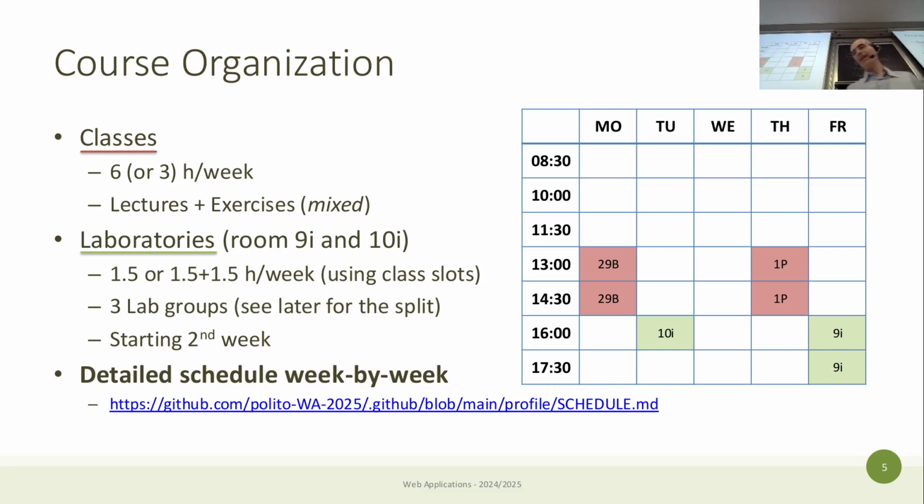These are decided centrally by the university, and they gave us these slots, and we need to keep these ones. But we can adjust a little bit depending on the attendance and what happens during the labs and so on. So we will see.